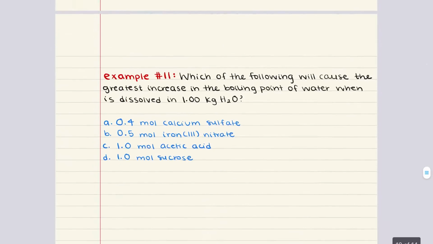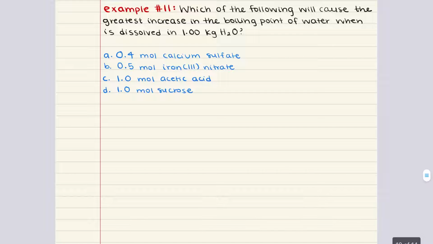Let's move on to problem 11. Problem 11 says, which of the following will cause the greatest increase in the boiling point of water when it's dissolved in 1 kilogram of water? The increase in the boiling point of a solvent due to the presence of a solute is given by this equation.